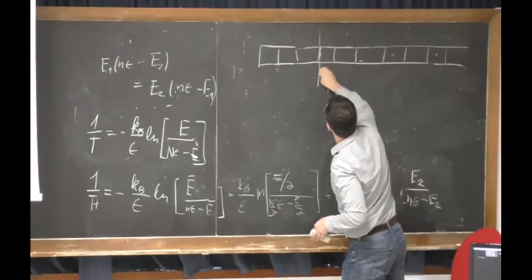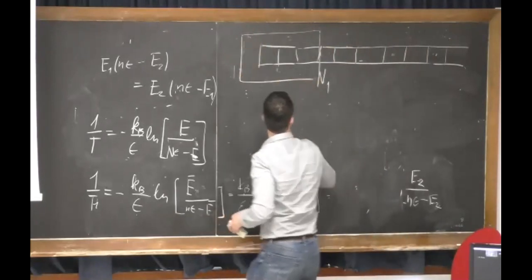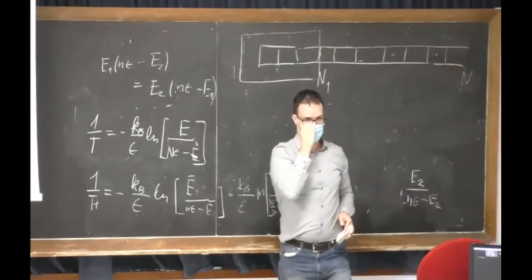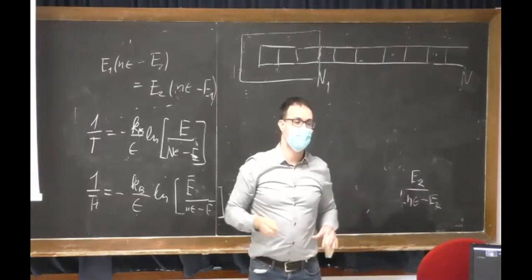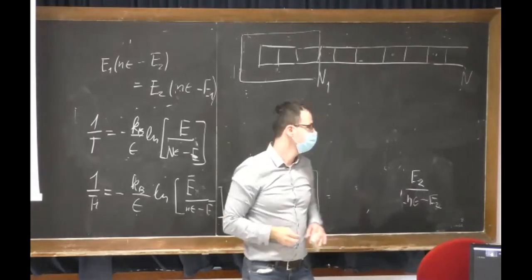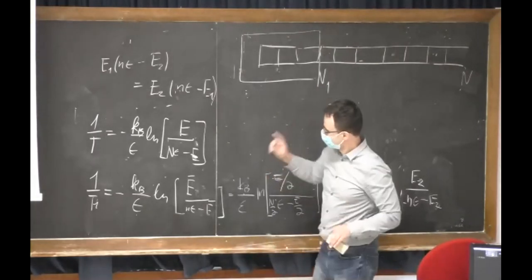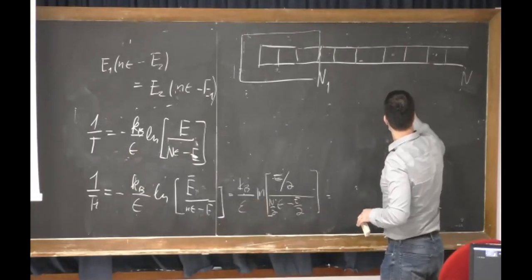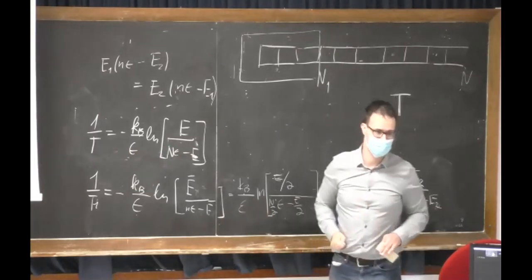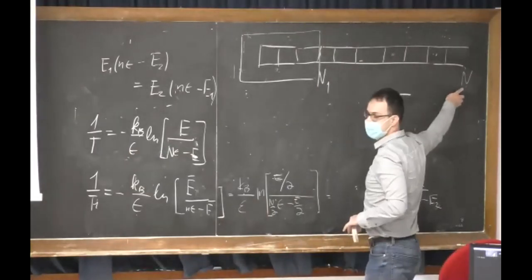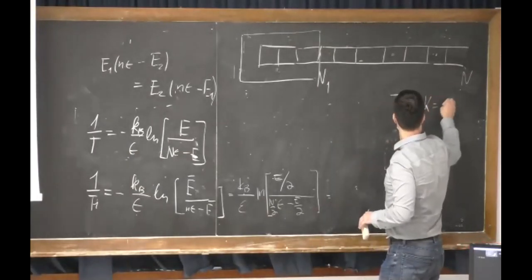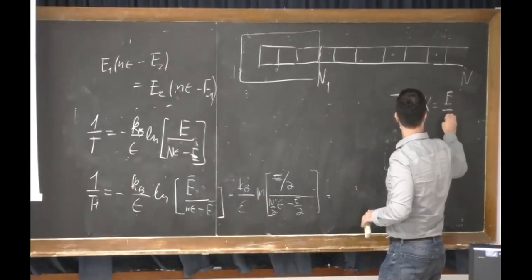So I put here a border, this is the system I'm interested in, and I don't know how many N. I don't tell you, but I use the formula for temperature, this one, and I give you temperature T. So I tell you the temperature. I don't tell you capital N. I don't tell you K. That is E.